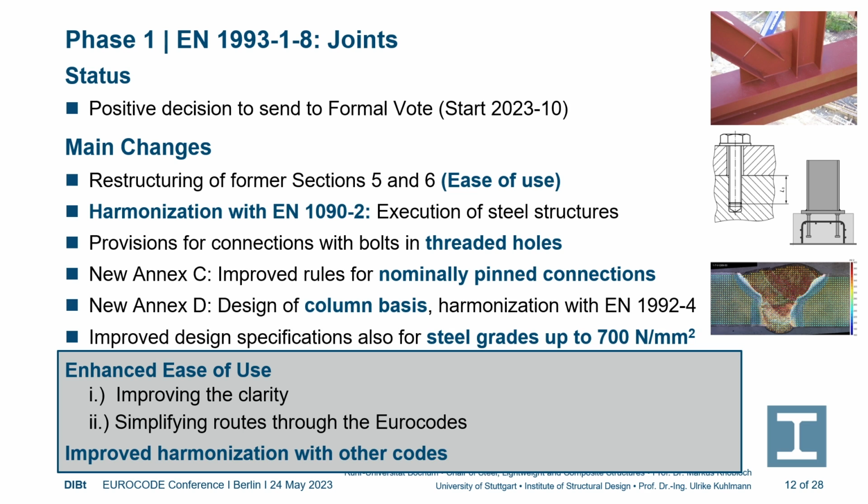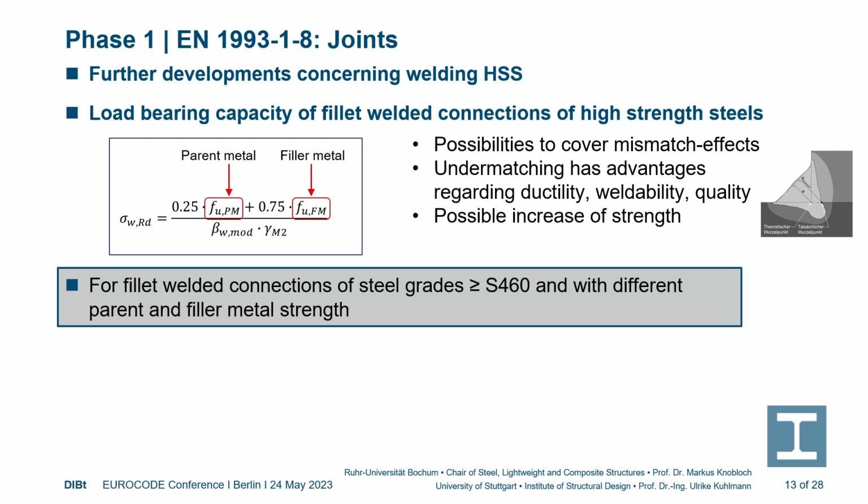I want to pick also one issue under this item, and I was personally involved in that. So this is the welding of high-strength steel. We introduced a new resistance formula, as you can see here, for the fillet weld of high-strength steel.